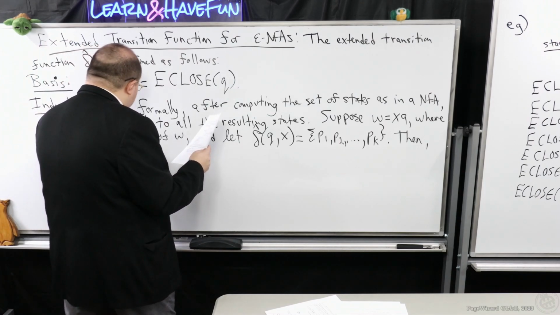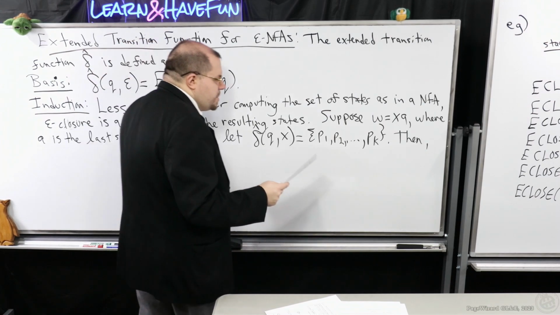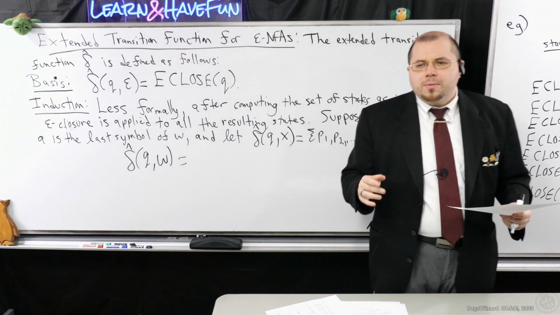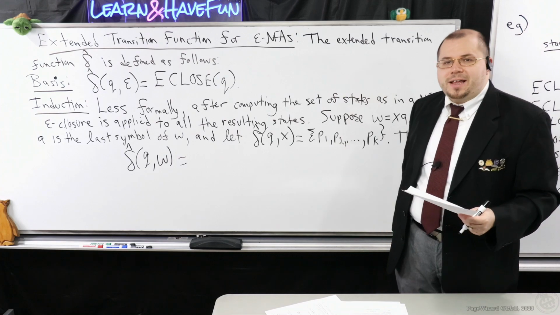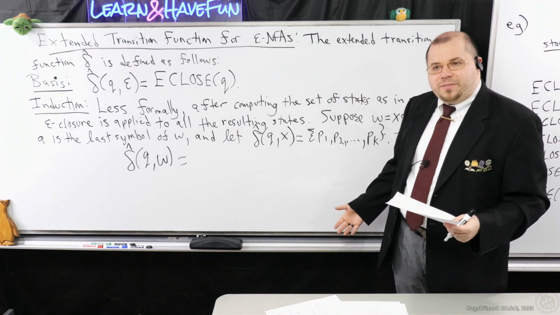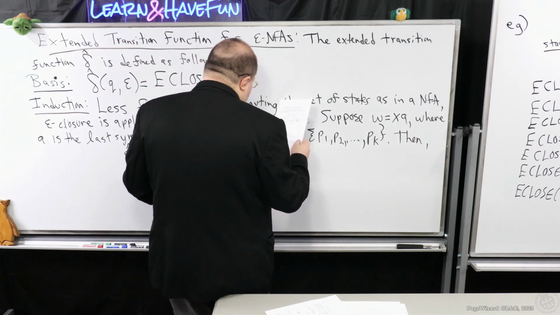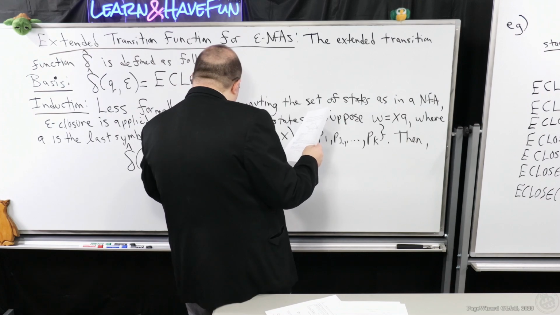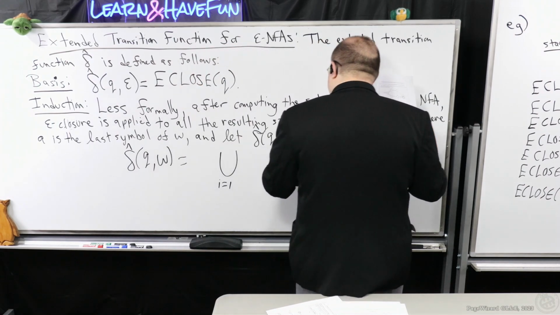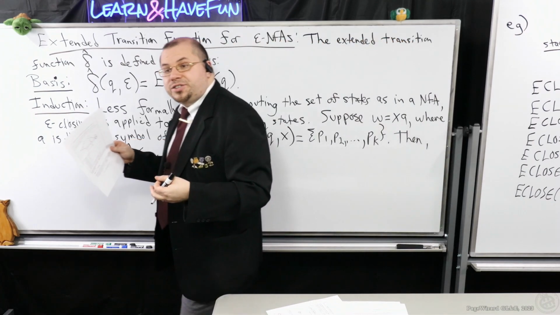So delta hat on state Q, when I read W, what would it be? Well, what did it look like for an NFA? Remember, we compute the set of states like we would for an NFA first. And then we apply an epsilon closure. How did we do that for the NFA? Over each one of these states, P1 all the way up to PK, you'd apply the transition function.